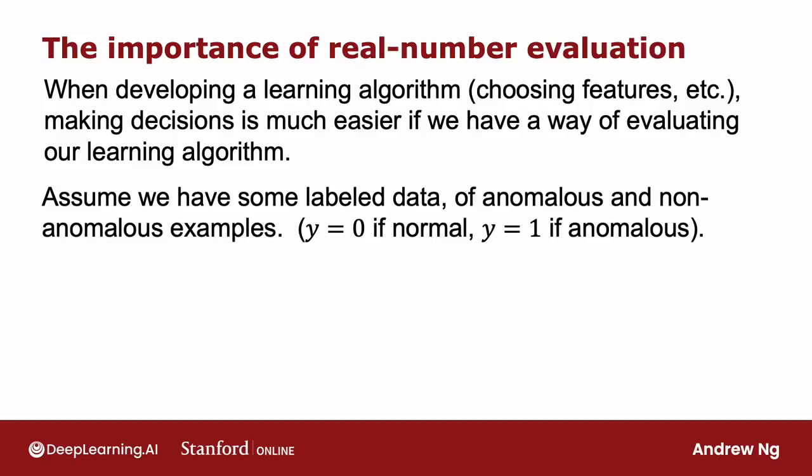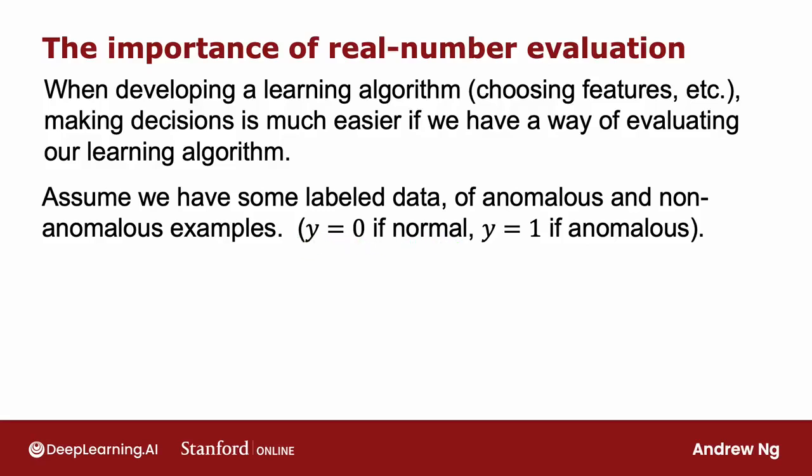So maybe after making airplane engines for a few years, you've just seen a few airplane engines that were anomalous. And for examples that you know are anomalous, I'm going to associate a label y equals 1 to indicate it is anomalous. And for examples that we think are normal, I'm going to associate a label y equals 0.